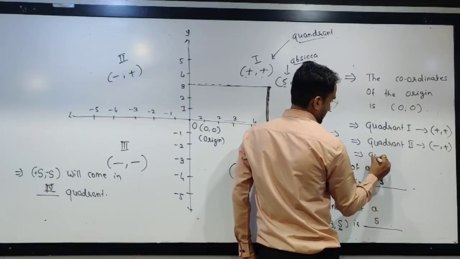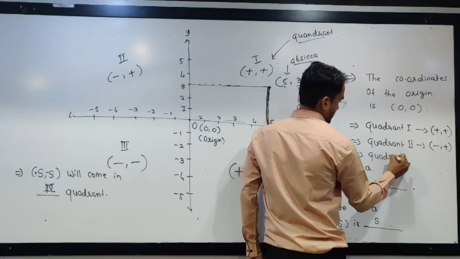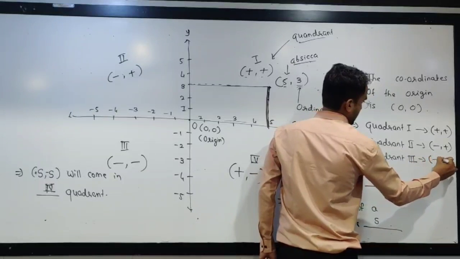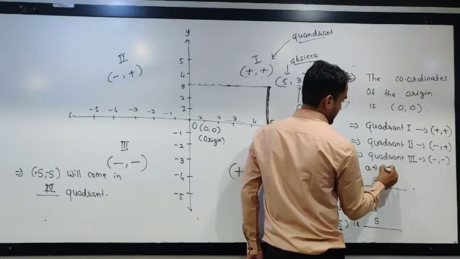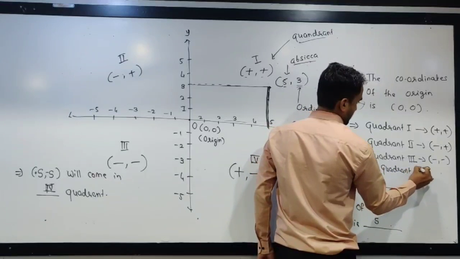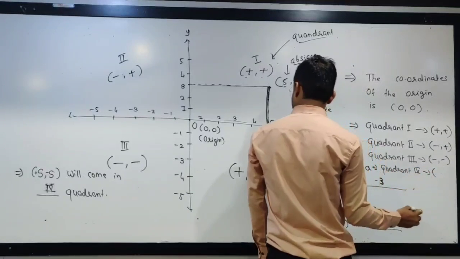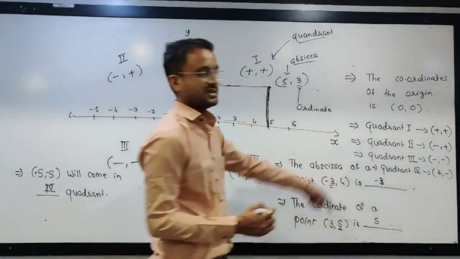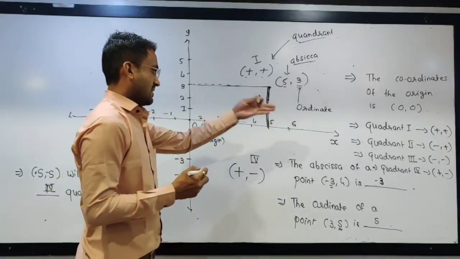Quadrant 3: both are minus. And quadrant 4 will be plus, minus, right? So this way you can write.